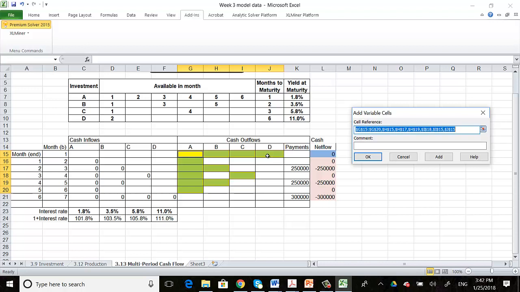But let me ask you a question here. What if we don't want to skip, and we just select this entire part? Can we do this? Yes, maybe. Think about it.